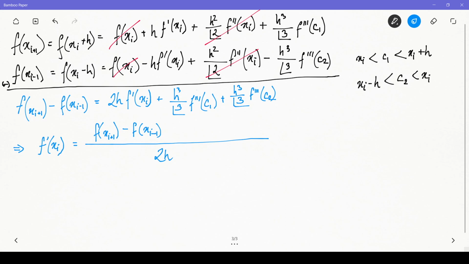Minus, right? So let's write it as minus h cube by 3 factorial times f triple prime at the point C1 minus h cube by 3 factorial of the third derivative at the point C2. Okay, fine, very good. So that's what we have ended up with.